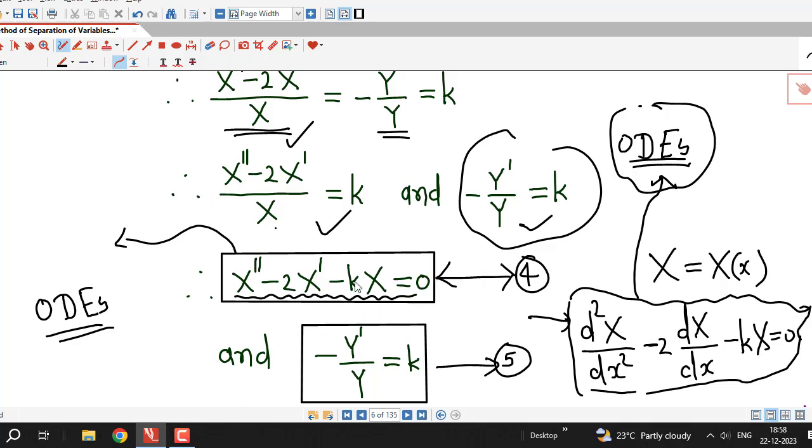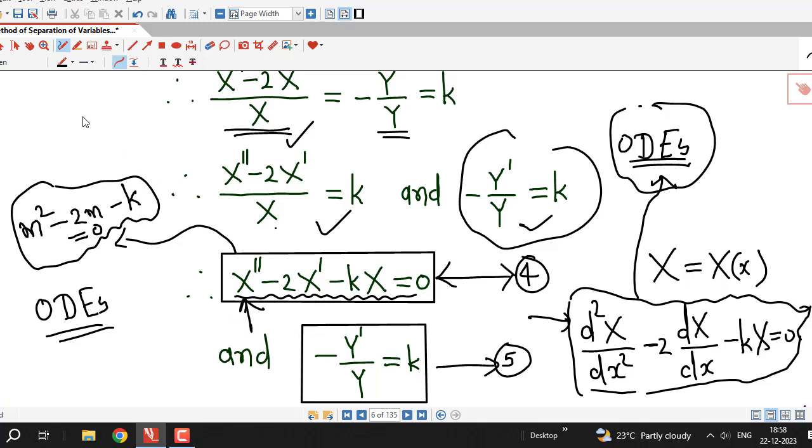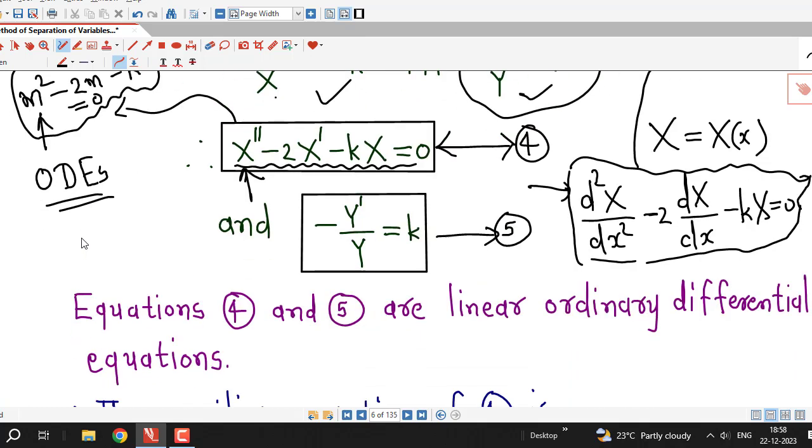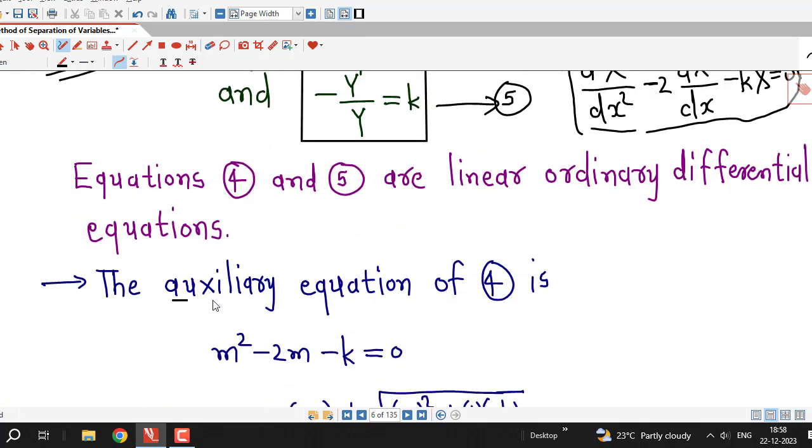For that, we replace the second derivative by the second power of some variable m, X dash is replaced by a single power of m, and X is replaced by 1. To write down the characteristic equation, we replace the nth derivative by the nth power of m. So the auxiliary equation or characteristic equation of equation 4 is m square minus 2m minus k equal to 0.